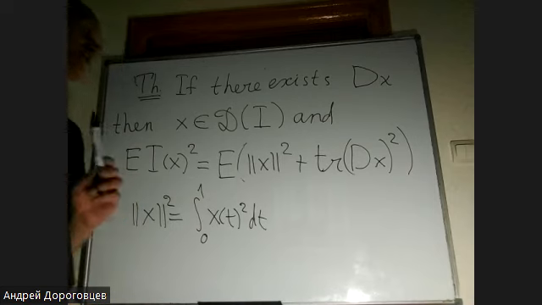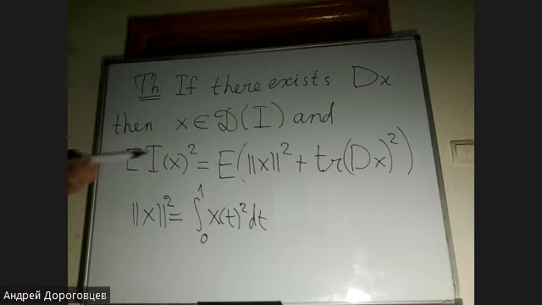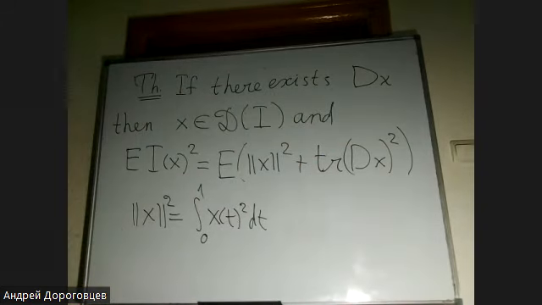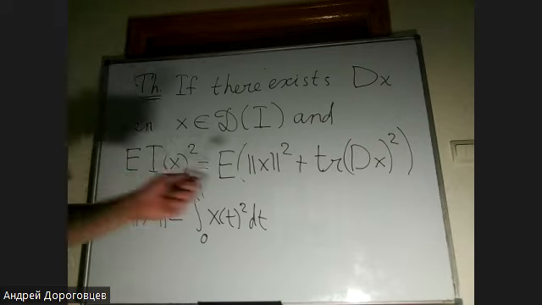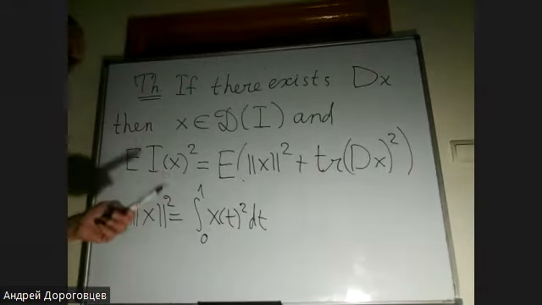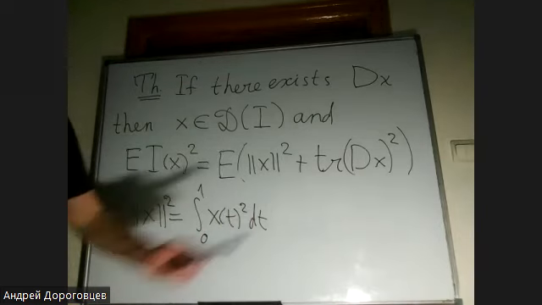And before proving this theorem, we made a remark that because DX is not a symmetric operator, it is only a Hilbert-Schmidt operator, we discussed it in detail, then this (DX) squared can have negative trace.